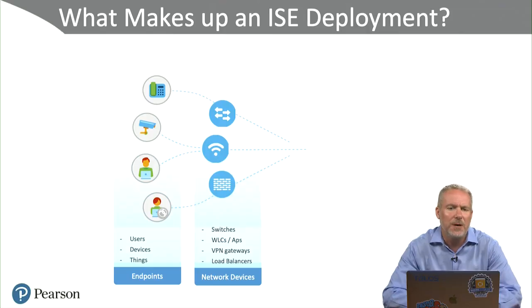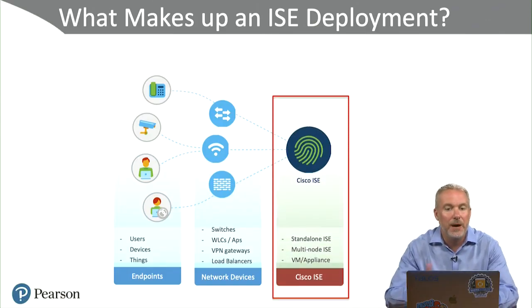These are our switches, our wireless LAN controllers, the things that the users are connecting to gain access to the system. In essence, they act as a proxy to the authentication server. No endpoints directly connect to the ISE servers, they connect to the network devices that basically forward that information over to the ISE servers.